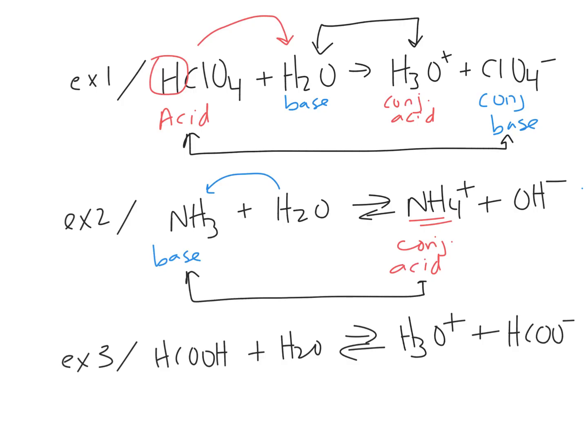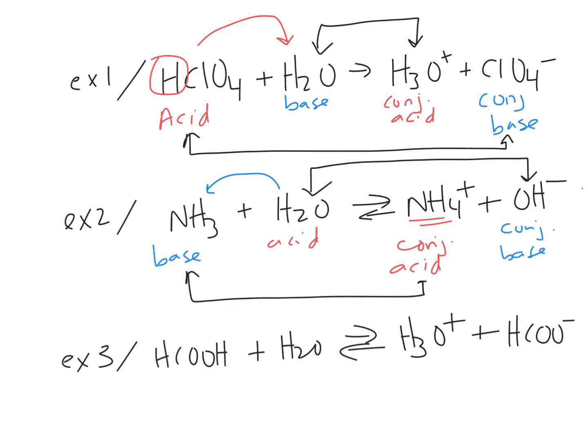Then we have water, in this case, working as an acid. And, of course, its conjugate base is going to be the hydroxide ion, OH-. So there we go. They have another conjugate acid-base pair.